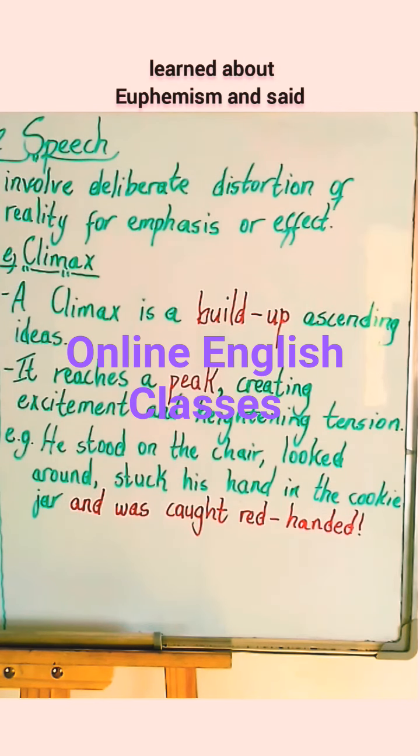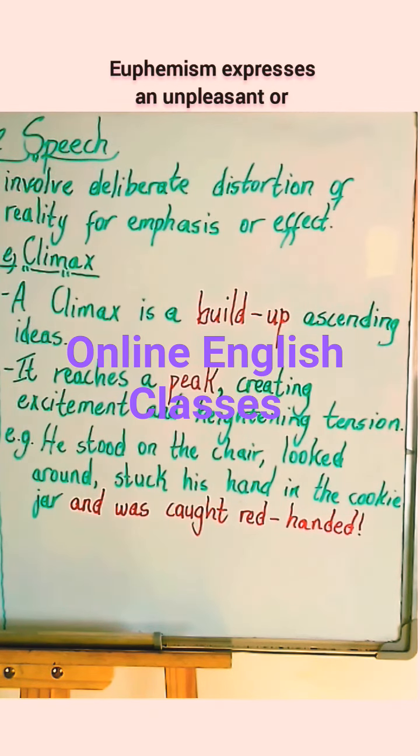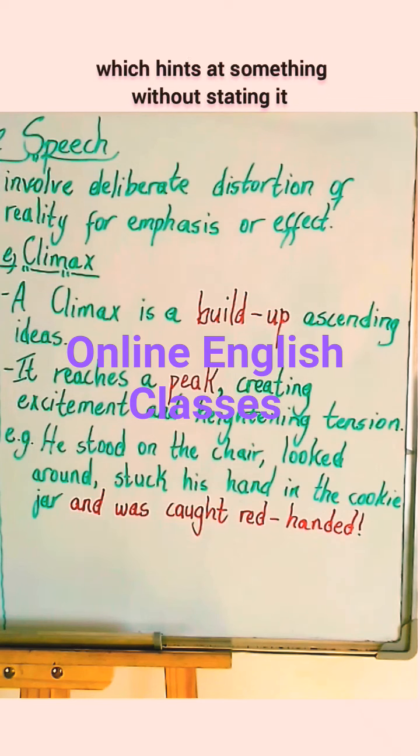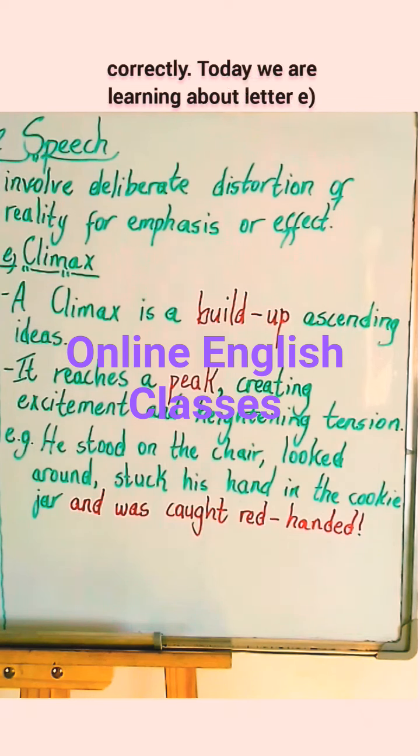Then euphemism, which expresses an unpleasant or uncomfortable situation in a more sensitive, kind, and tactful manner. Yesterday we learned about innuendo, a disapproving remark which hints at something without stating it directly.